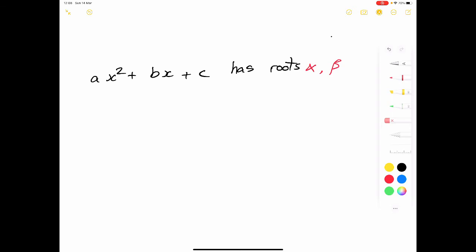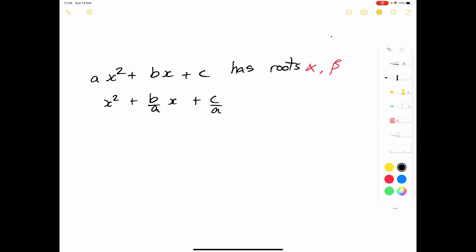Well, the first thing we do when we're working with these is we divide through by a, and so what we have is x squared plus b over a x plus c over a.